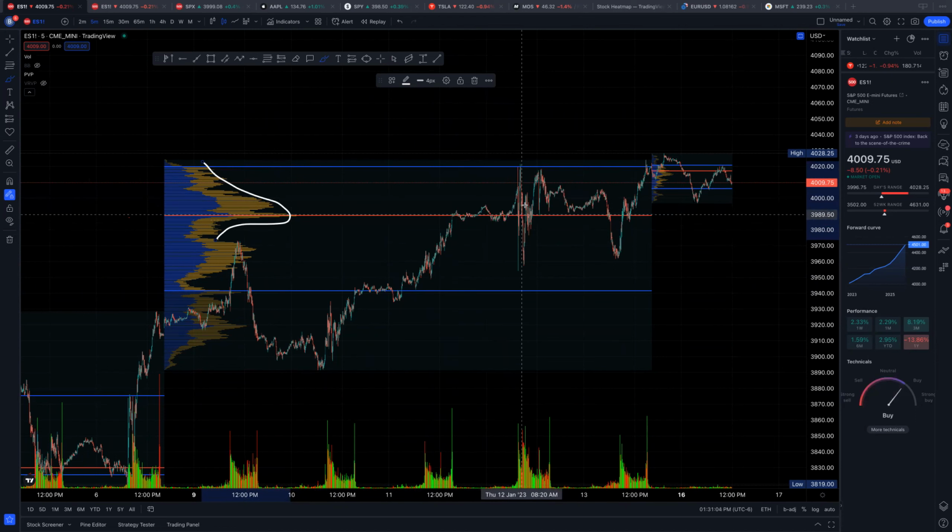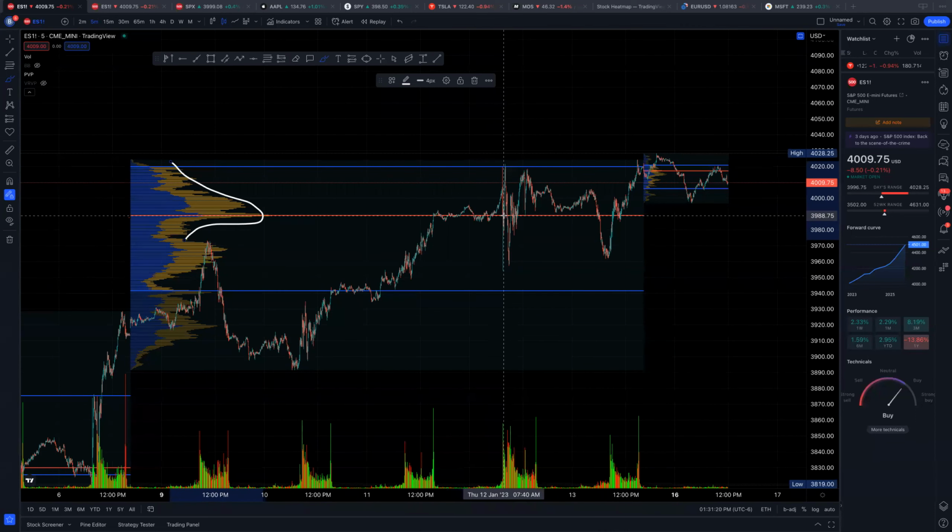Of course, I think this was caused by, was this CPI, Max, on the 12th? Or what was this? Thursday. Yeah, I believe so. So when we have events like CPI and stuff like that, it's going to be hard to tell where the price is going to go.